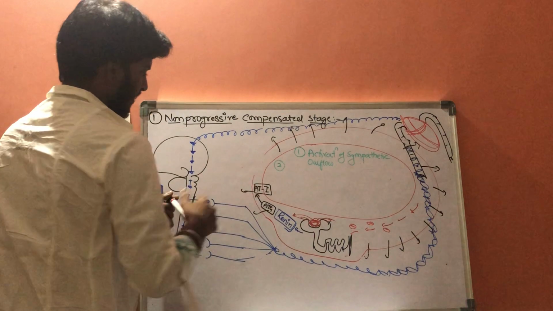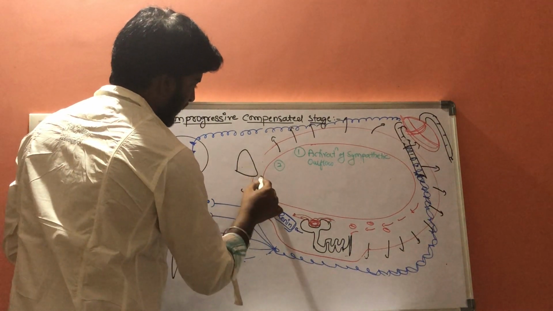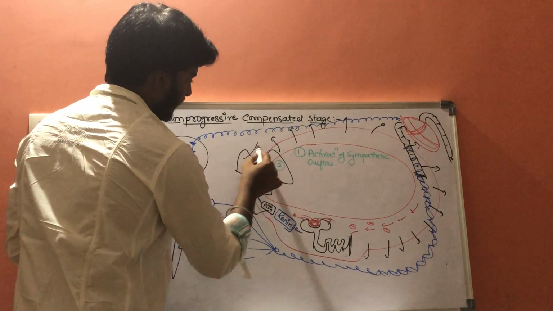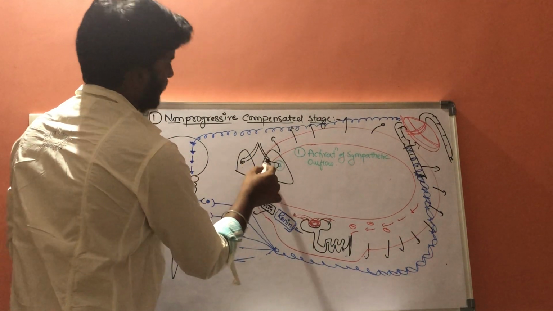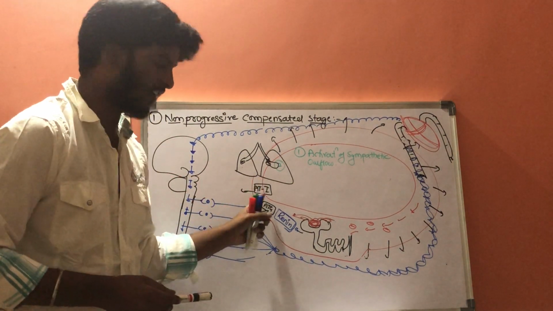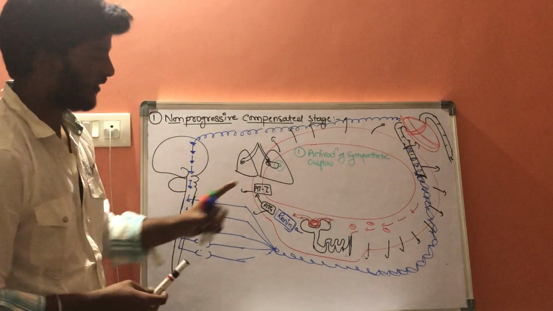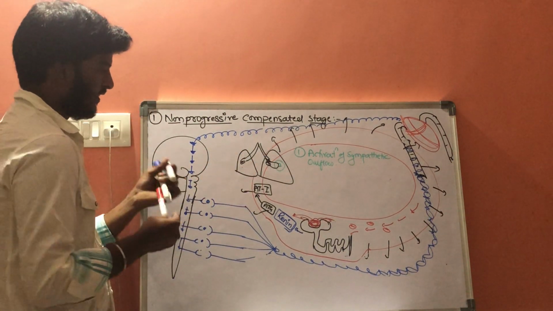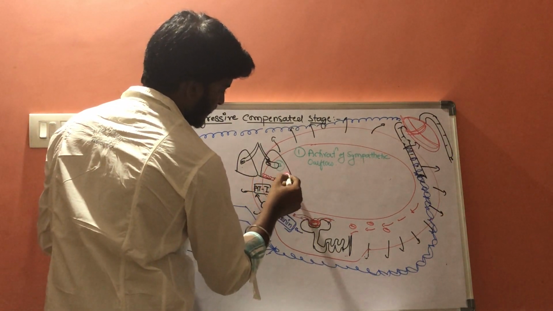Now, let us consider our lungs here. These are the lungs. This angiotensin 1 will convert into angiotensin 2 inside the endothelial cells of the lungs.